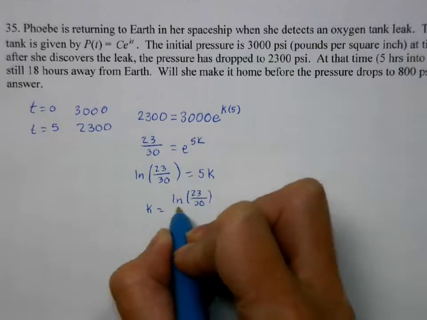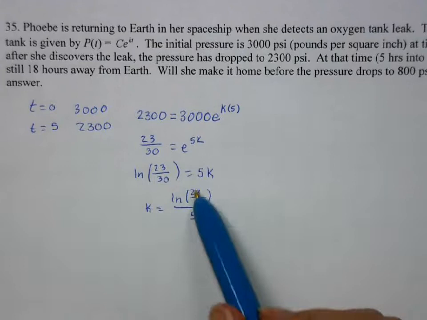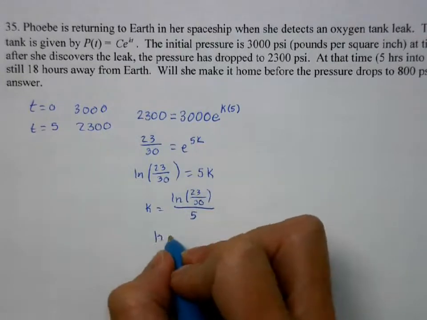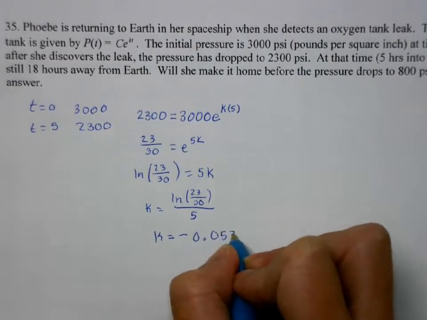So doing that algebra for the 100th time, natural log of 23 over 30, that divided by 5 gives us negative 0.0531, because this is exponential decay.